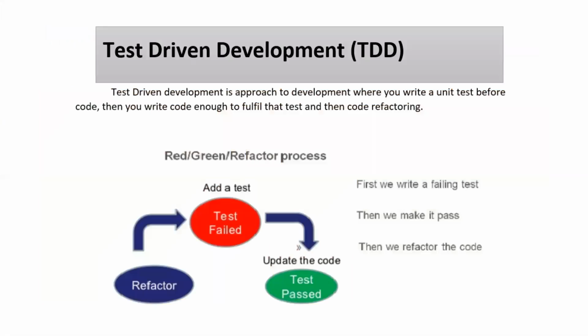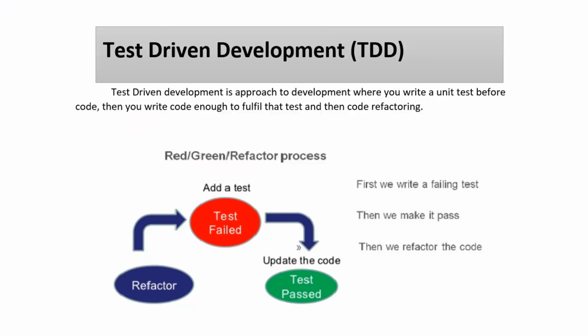If you look at the diagram, this is the whole diagram of test driven development. It is an approach to development where you write a unit test before code. Then you write enough code to fulfill that test, and then refactor. This is the actual definition of test driven development. So it is the red green refactor process. I drew a diagram with red, green, and blue colors.